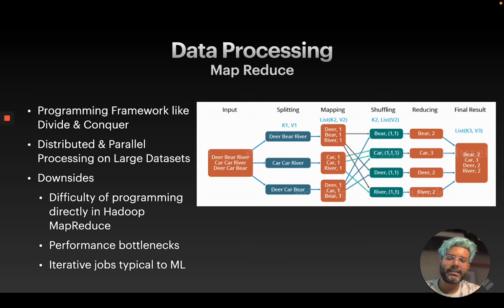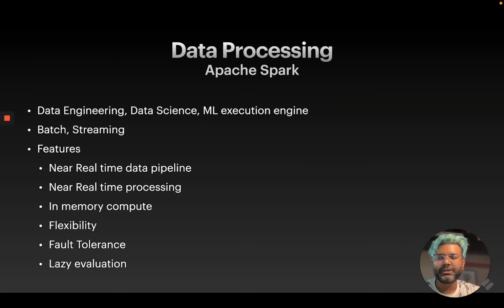The first one was that it's difficult to program MapReduce directly in a Hadoop MapReduce environment, and there are certain performance bottlenecks, especially when it comes to machine learning algorithms, wherein there are a lot of iterative jobs happening, it wasn't able to deliver the right kind of performance and speed as was required. And that's where Apache Spark comes into the picture.